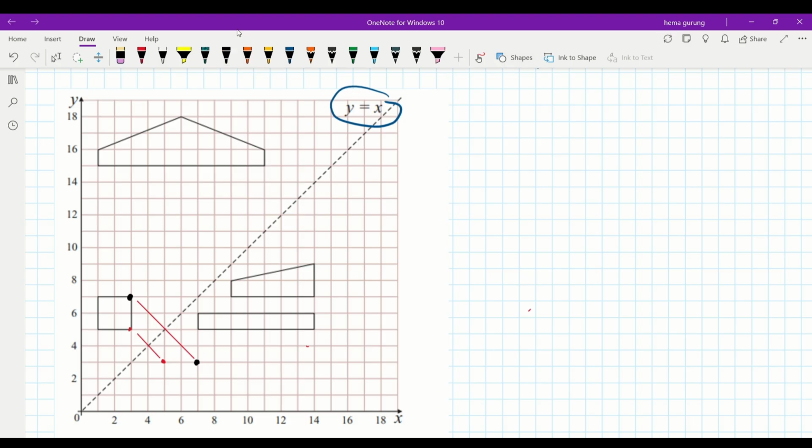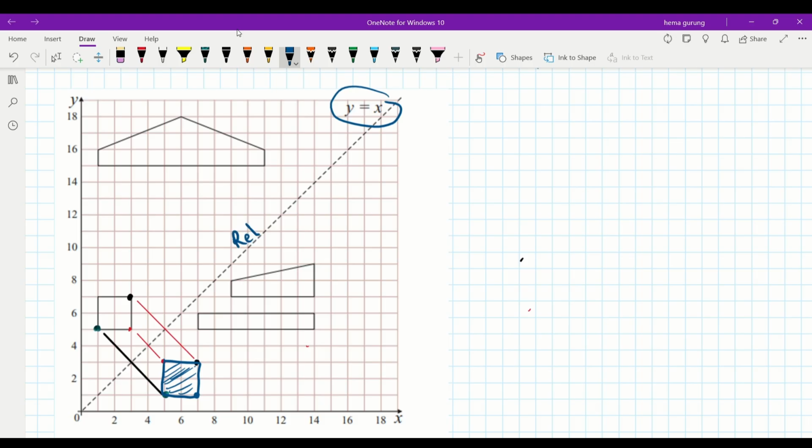Otherwise, we'll go with the proper form. Here, 2 units gap. And the image for this blue dot will be here. And we can guess for the other one. Draw it. That's the image. And that's the image for a square about y equals x.